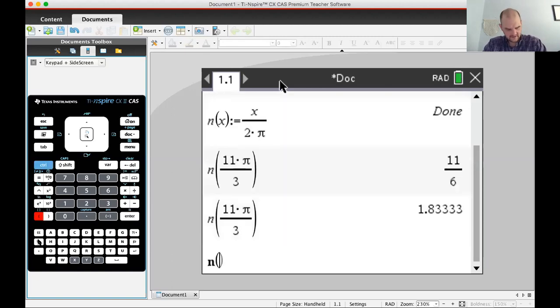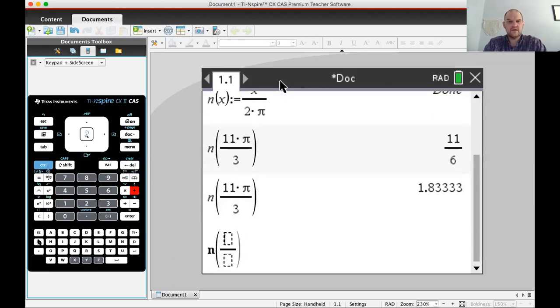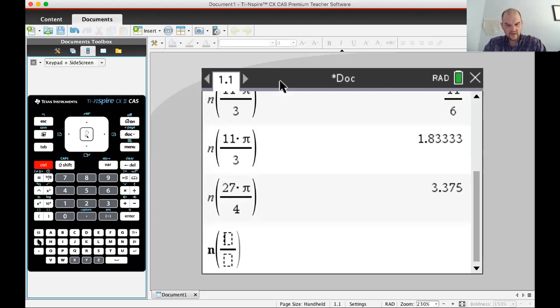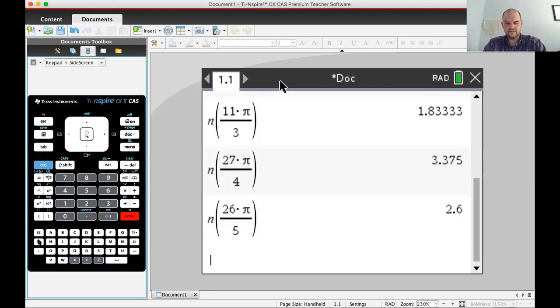I can do n of 27 pi over 4, which I should use the fraction template, so let me delete that. 27 pi over 4, Control Enter, n of 26 pi over 5, Control Enter, I get this.